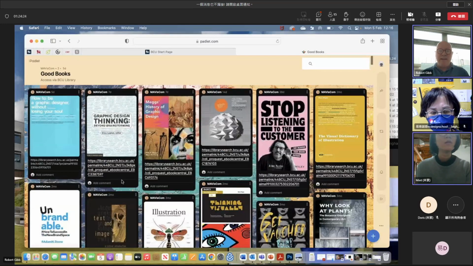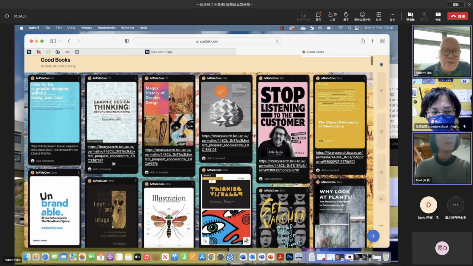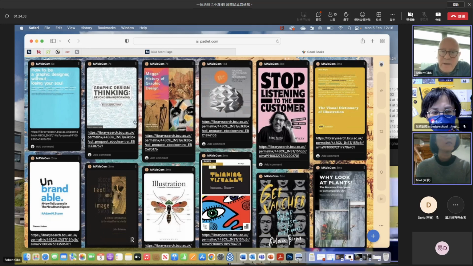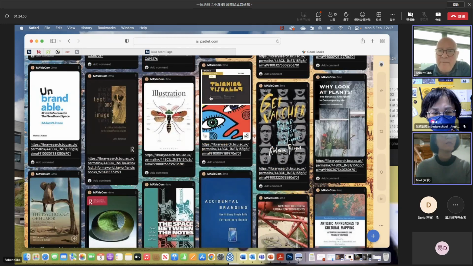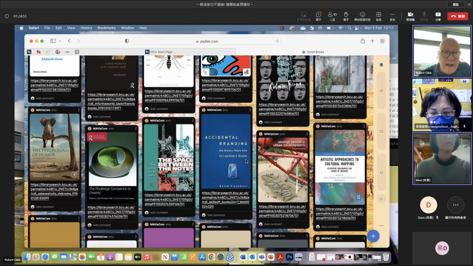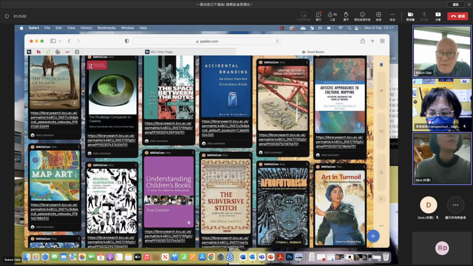We do a thing called Good Books Padlet. These are books that all designers on our programs, specifically mine, use. And what we do is, these are links to our library. So we ask students to look at, for example, thinking beyond brainstorming, folding techniques for designers. So this can be used by anyone from origami to architecture to product. Listening to customers, unbrandable, thinking visually, the really interesting book this, psychology of humor, the space between notes, artistic approaches and cultural mapping, graphic design, arts in turmoil, subversive stitching.